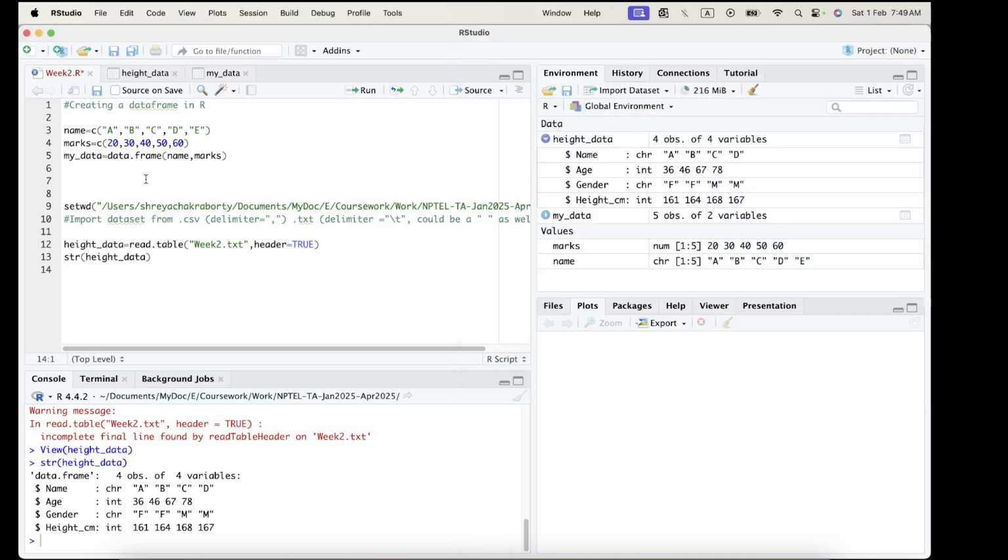Now let's say I want to look at the age column itself.